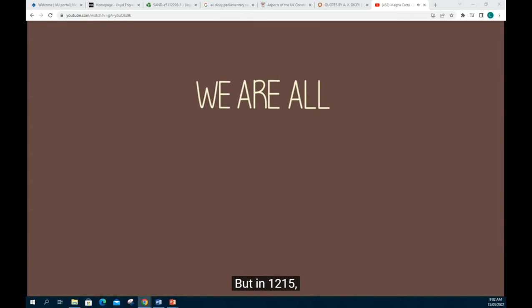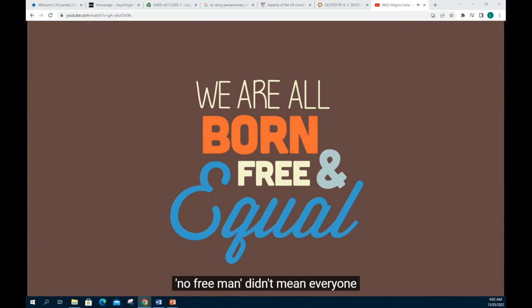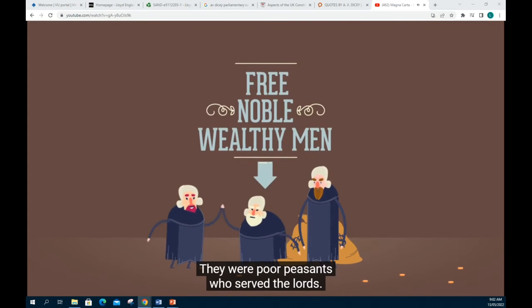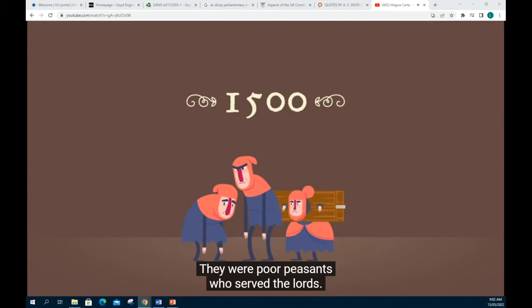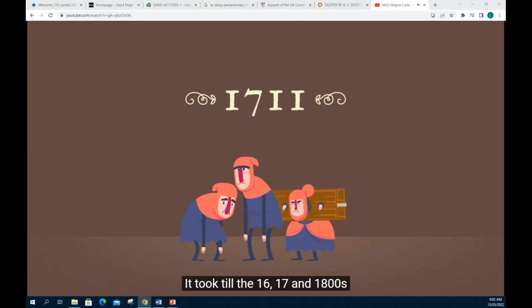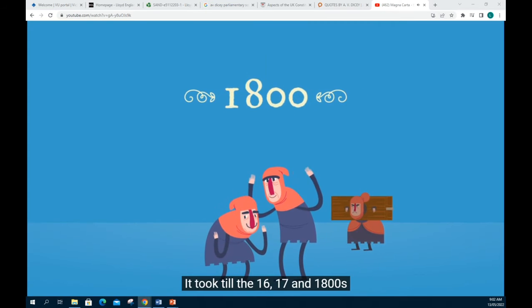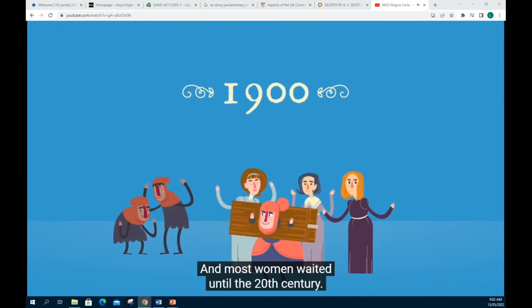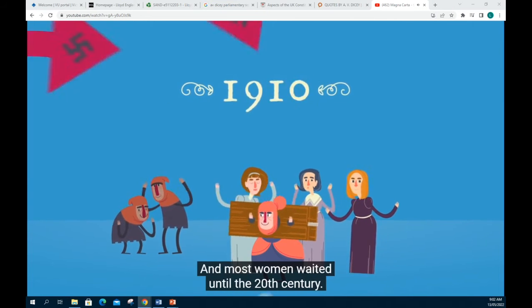But in 1215, no free man didn't mean everyone, because in those days most people weren't free. They were poor peasants who served the lords. It took till the 16, 17 and 1800s before all men were free in Western countries, and most women waited until the 20th century.